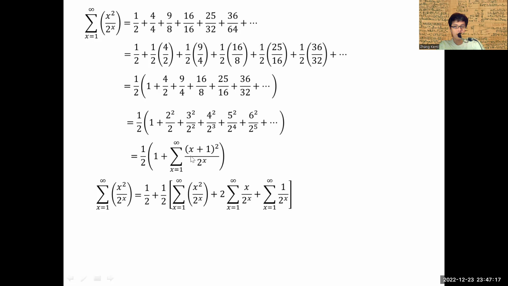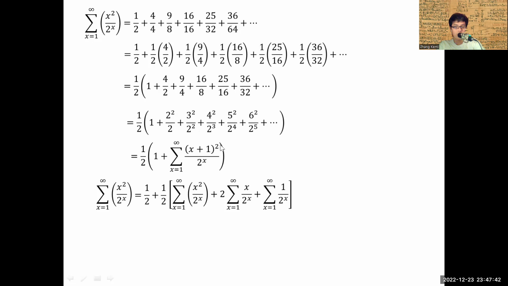This entire sigma notation can be broken up into 3 parts. How do I do that? We all know that (x plus 1) squared is x squared plus 2x plus 1. You can just expand it out, and these are the respective terms: x squared, x, and 1, in the numerator.